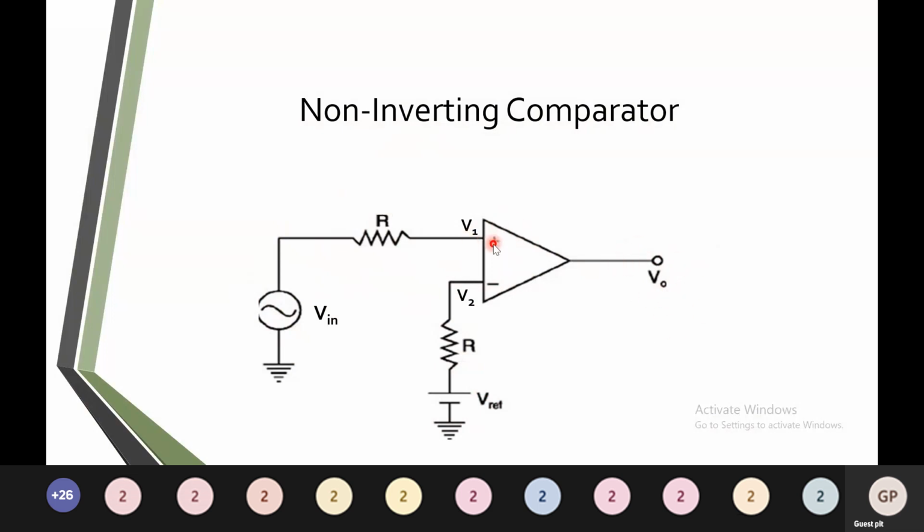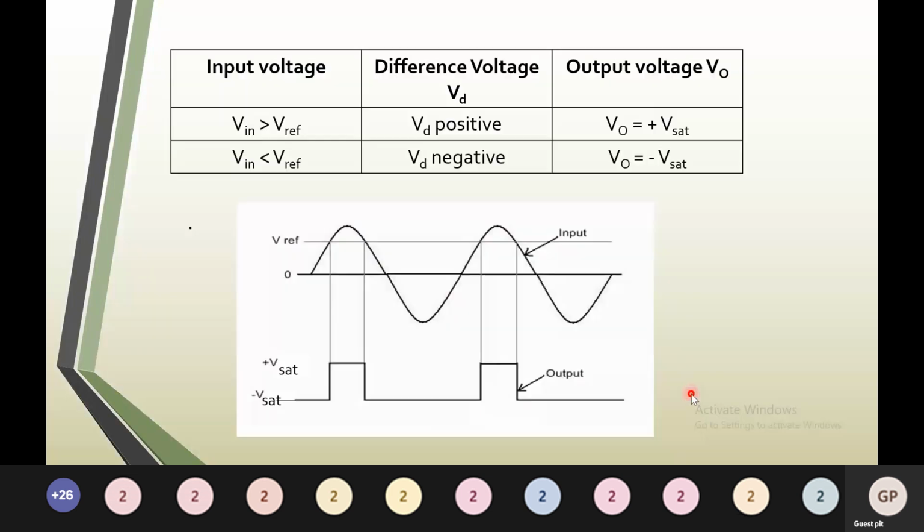If the difference is positive, it will be plus VSAT. If the difference is negative, it will be minus VSAT. That is what is shown here. When Vin is greater than V reference, the difference voltage Vd is positive, and therefore the output will also be positive, that is plus VSAT. When Vin is less than V reference, Vd is negative, and therefore V0 will be equal to minus VSAT. The same thing is shown in the graph.